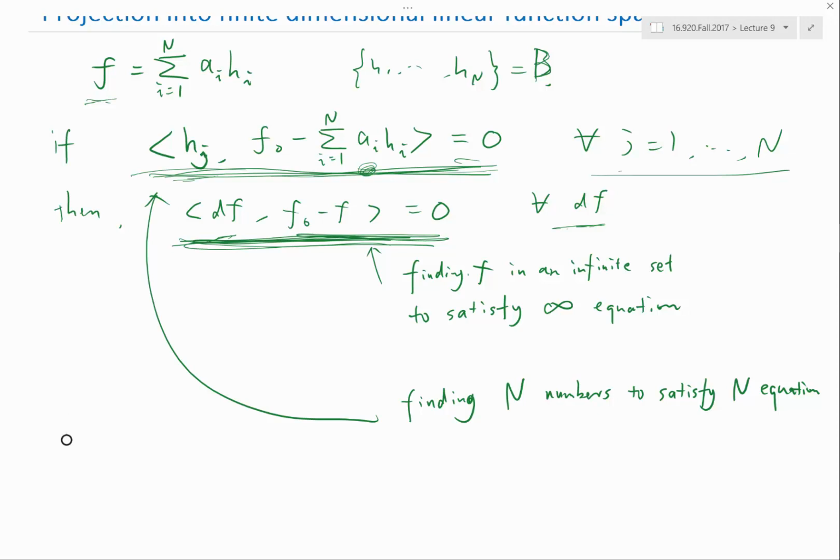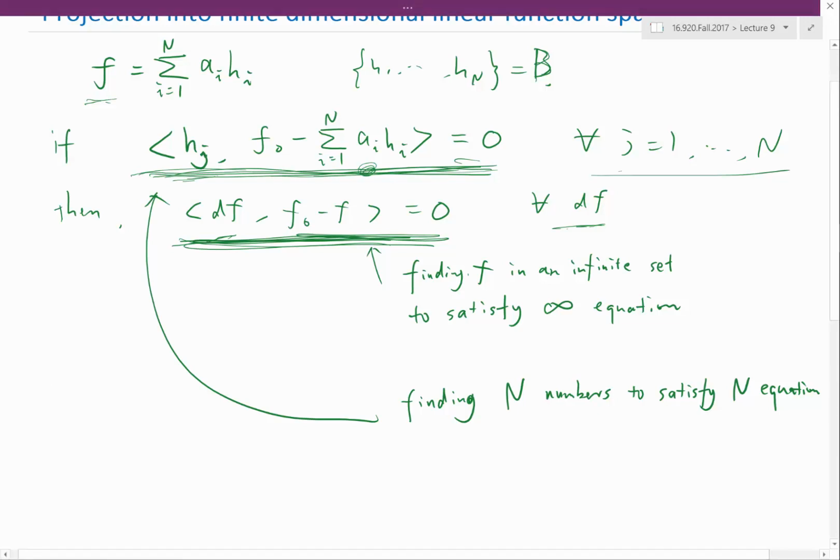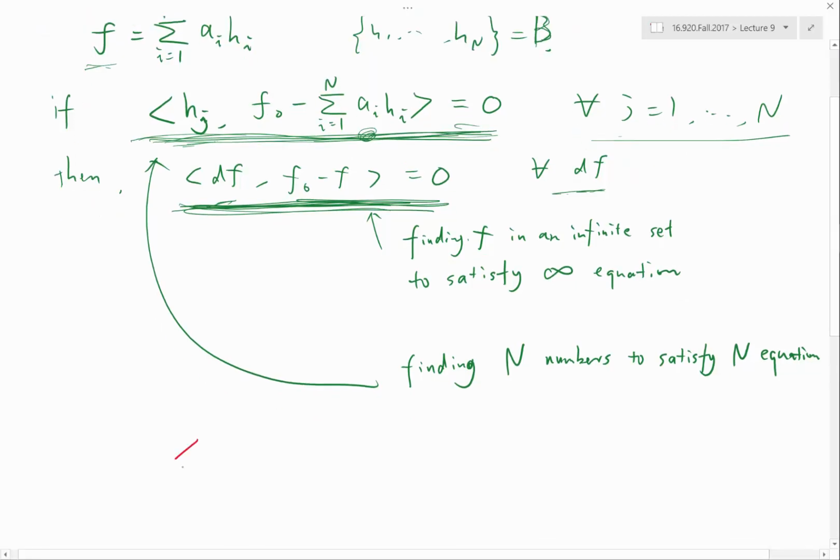Okay. So let's actually list out what these n equations are, using the property of the inner product. So these equations are h_j, f0 minus summation, again, linearity of the inner product.